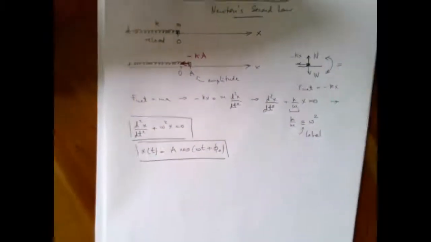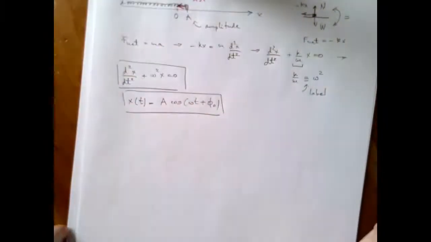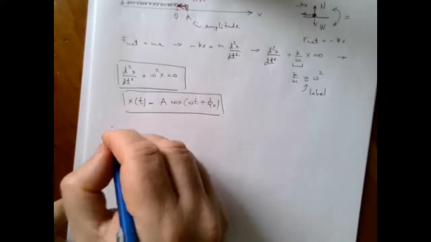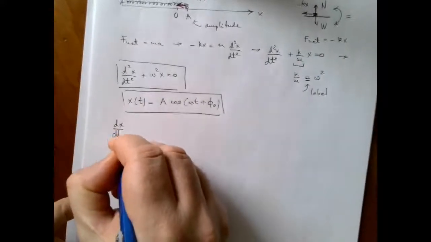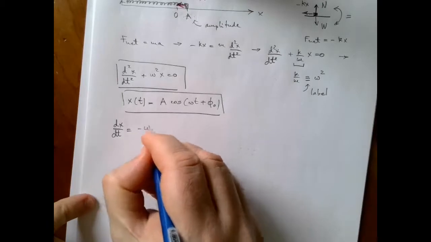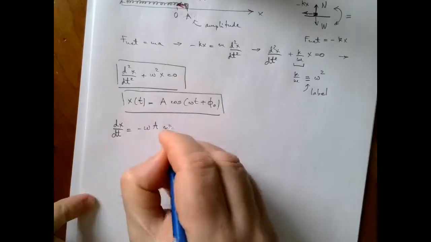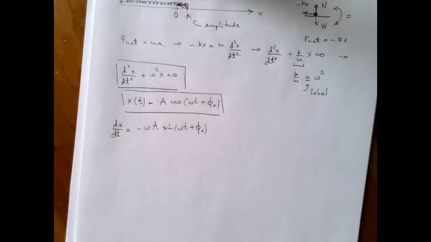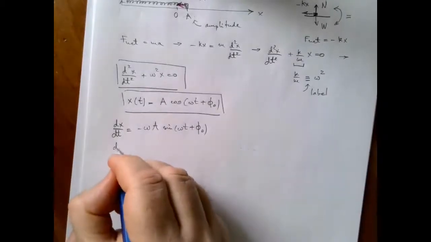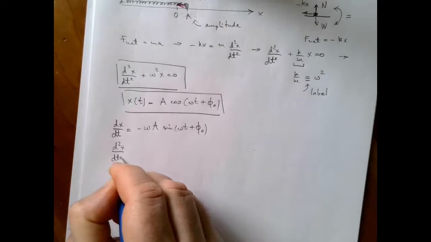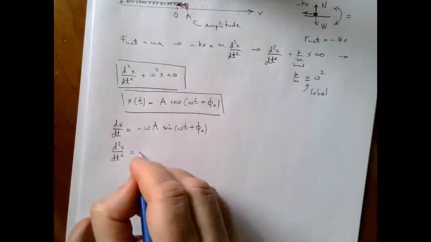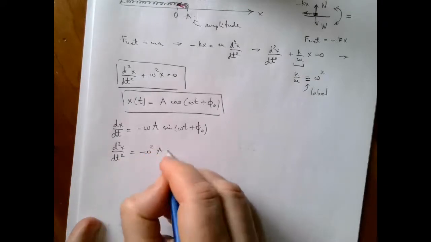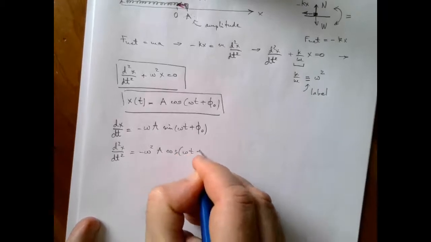Let's test to see if this is indeed a solution. The first derivative of this is negative omega A sine of omega t plus phi naught. The second derivative, we bring another omega in front, so it's negative omega squared A cosine of omega t plus phi naught.